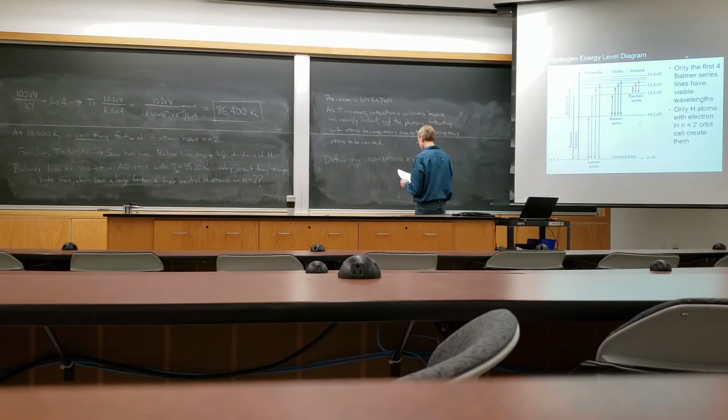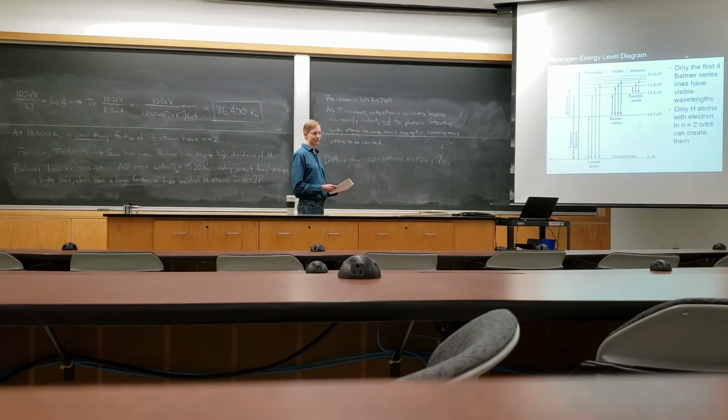So, define the ionization energy, we're going to call that Greek letter chi sub I. So that's not an X, it's a chi. Small chi, not a big chi. Where I indicates the number of electrons that have already been removed.